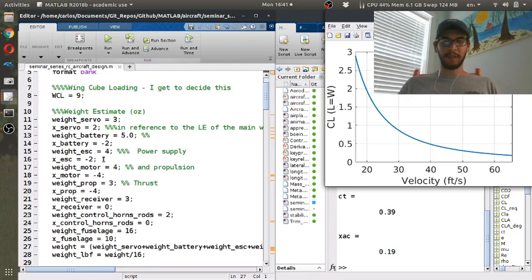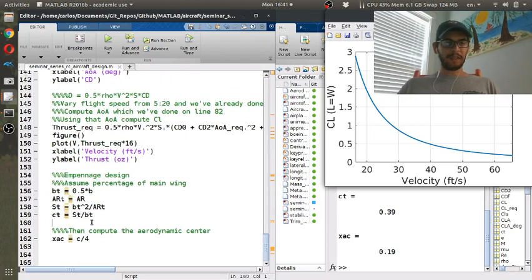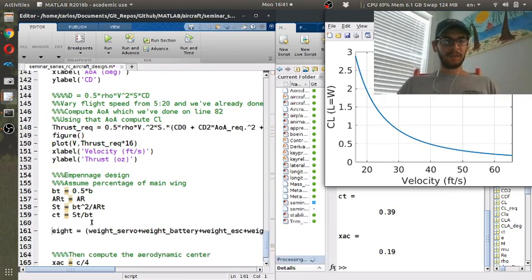So then basically what you do is you take all of those things and you use the center of mass formula.